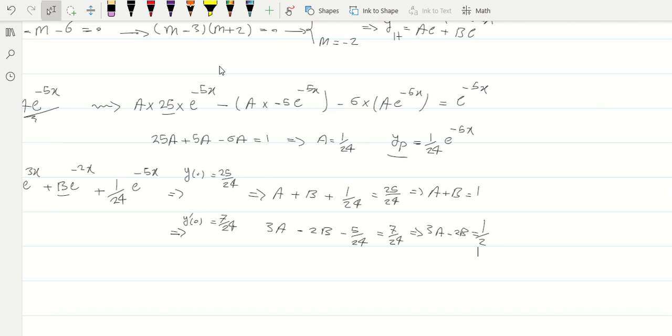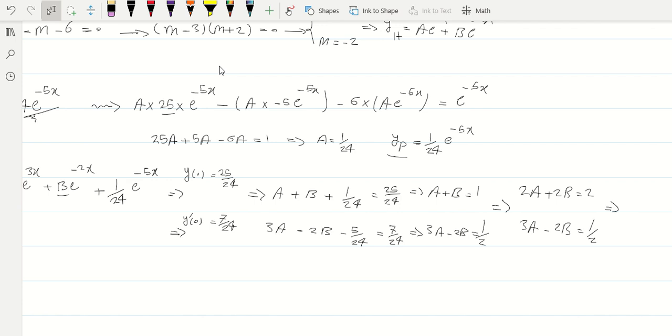Now, I'm just going to find the a and b values in here. So what I can do is multiply the first equation by 2. So it would be 2a plus 2b is equal to 2. And the second one is 3a minus 2b is equal to 1 over 2.